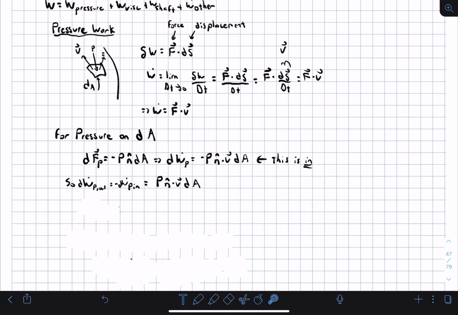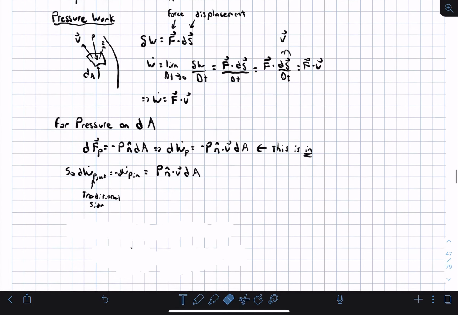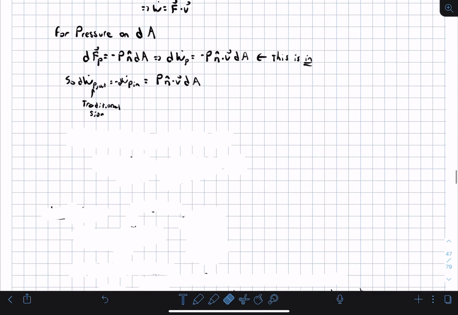So you have seen something like this before. Maybe not this formalized, but certainly in thermo you've seen it. Okay, and this acts on the entire control surface.